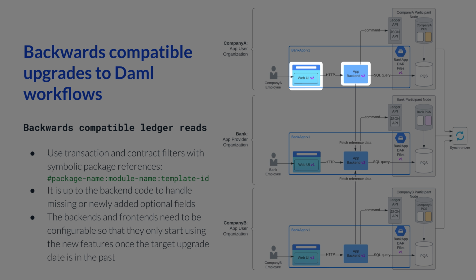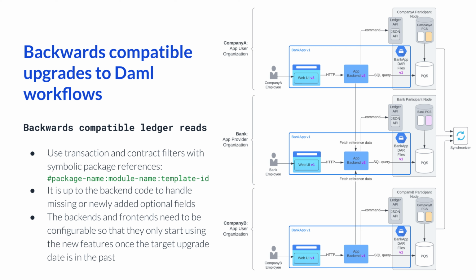The backends and front ends need to be configurable so that they only start using these new features once the target upgrade date is in the past. Otherwise, a command submission will fail if, for example, it tries to exercise a choice that's not available on all participant nodes verifying the transaction.